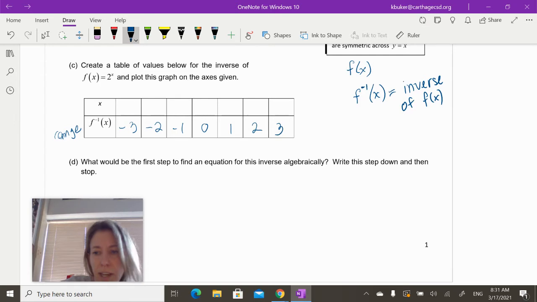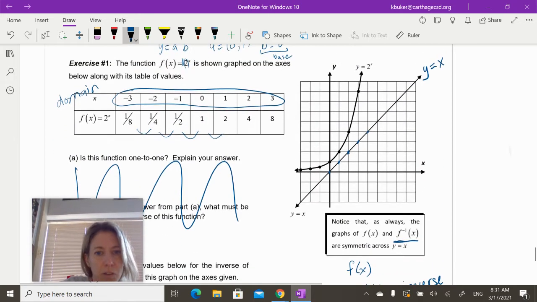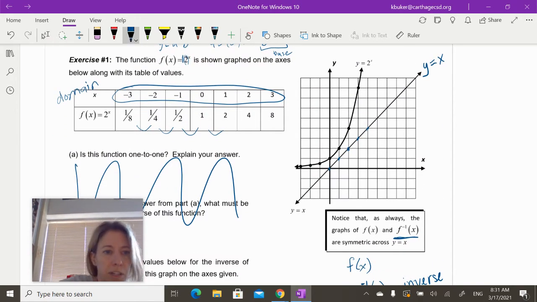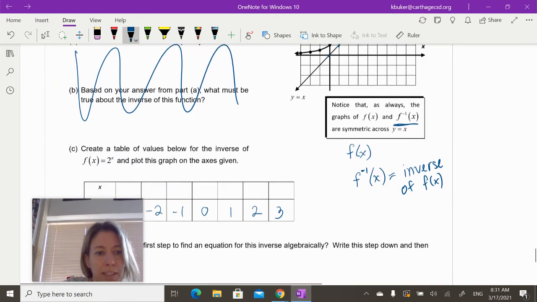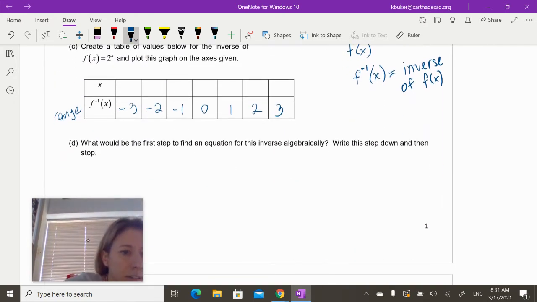We're switching the x and the y's. So the domain of one becomes the range of the other, and the range of the original, which is just all of the y values, becomes the domain of its inverse. And again, I'm just simply switching the position of the x's and the y's.